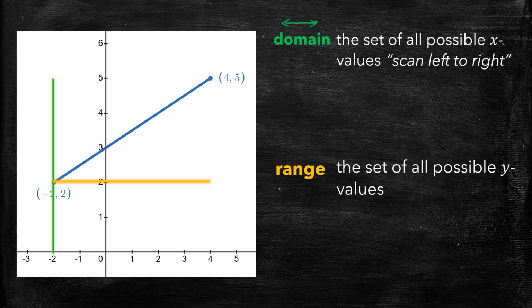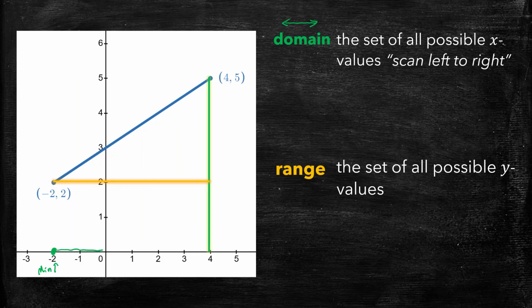So now let's follow the path. We're going to scan left to right. We're going to take that vertical green line, and we are right now at the very beginning of the graph, or the very first, the minimum x value is here at -2. And it's allowed to be -2 because that's a point that's on the graph. And then let's trace as the green bar moves from left to right from the minimum x value, -2, to the maximum.